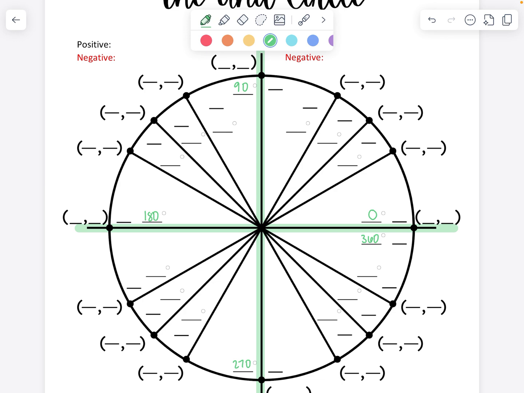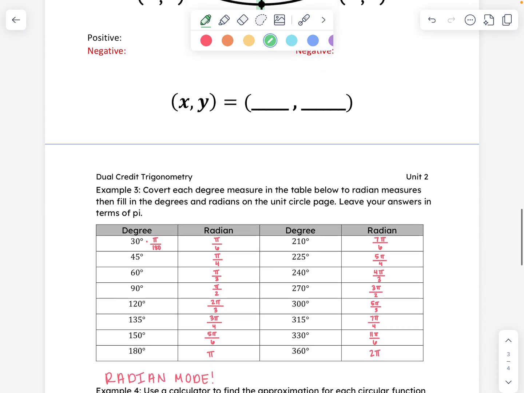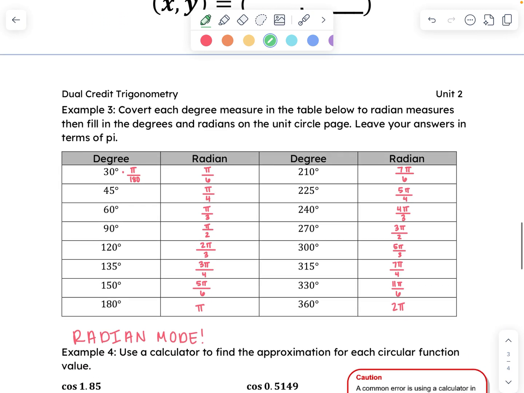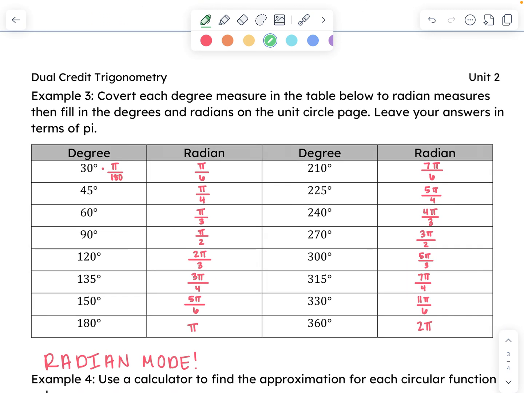But what's new in this unit is that now we've learned there's more than just one way to measure our angles. We have degrees, but we can also measure our angles in radians. And we talked about that in 3.1, which we have right here. We had a table where I had you convert a lot of different degrees into radians.